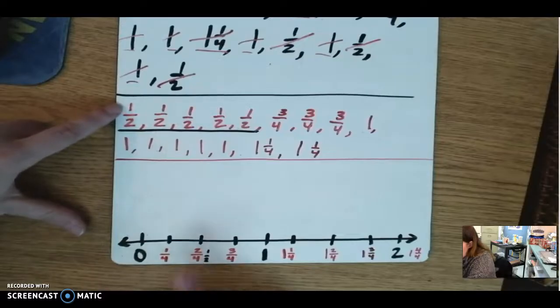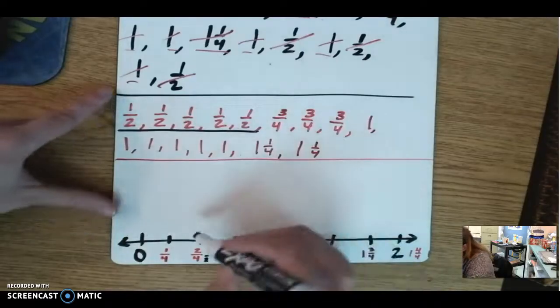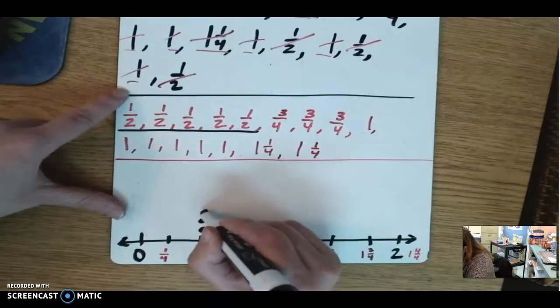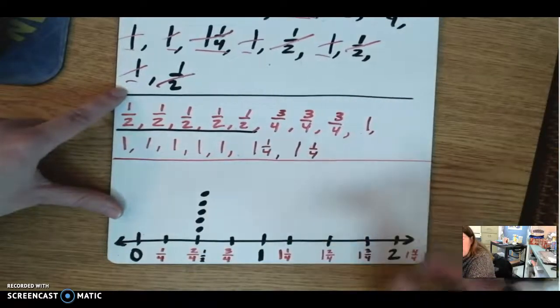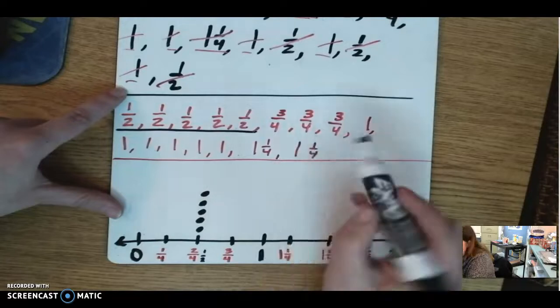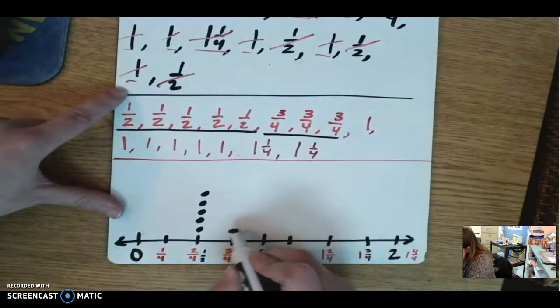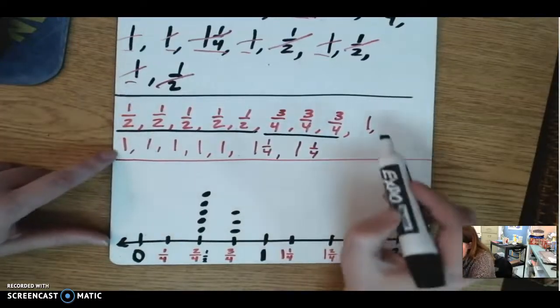So how many 1/2s do we have? 1, 2, 3, 4, 5. So I'm going to put 5 above here. Okay, done with that one. How many 3/4 do we have? 1, 2, 3. How many 1s do we have?